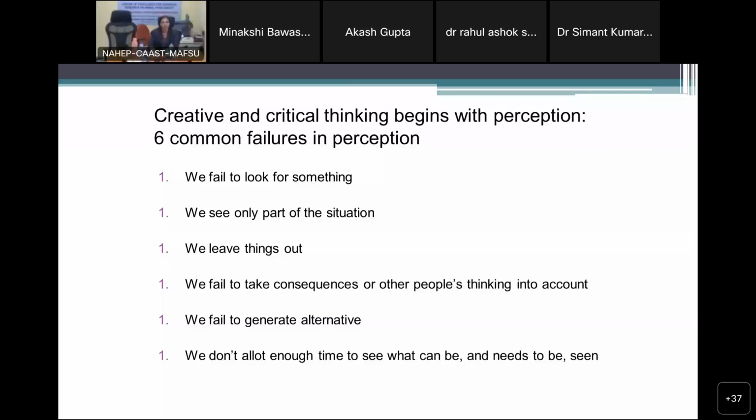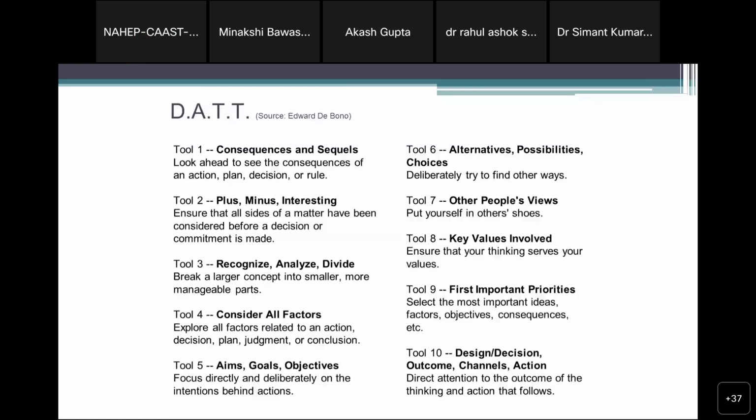There are some other models also, which I have mentioned here in this presentation, but I'm not going to go into detail. This is for your reference. So when you get this PPT, you will be able to go through it. These are very simple to understand, because if you see, everything relates to that.